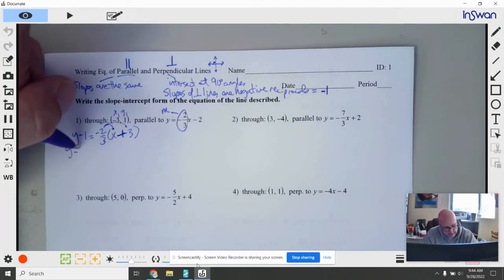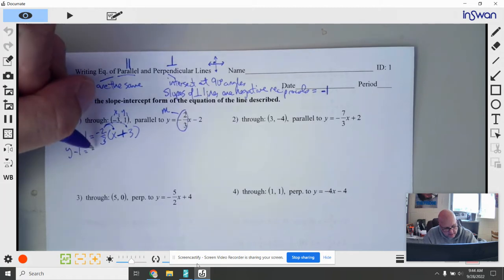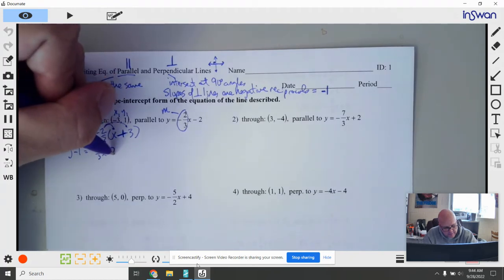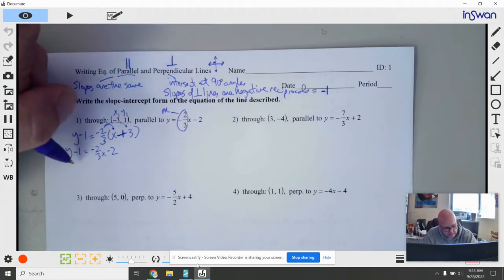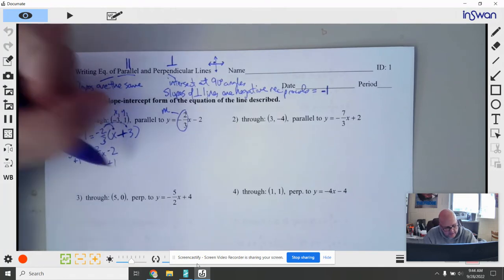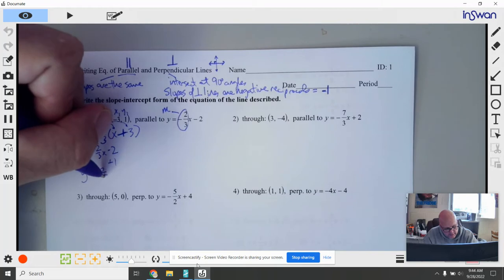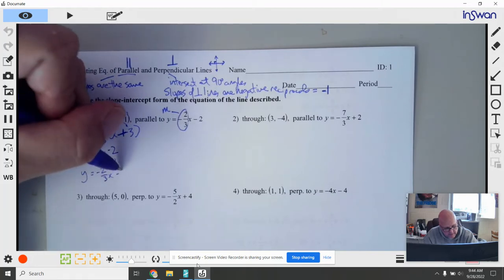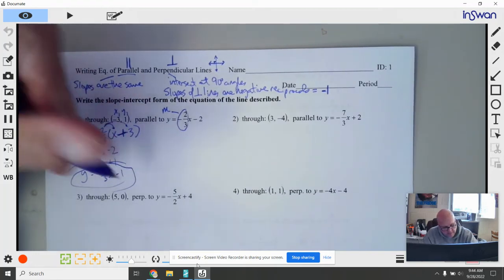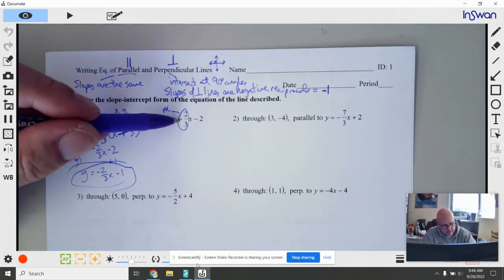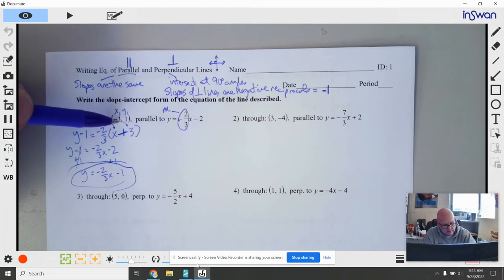So I bring down y minus 1 equals, I get -2/3 x, and when I multiply this, that's going to simplify to -2. Okay, I'm going to add 1 to both sides, that cancels, so we get y equals -2/3 x minus 1. So this is the equation of a line that's parallel to this one, and it goes through this point.